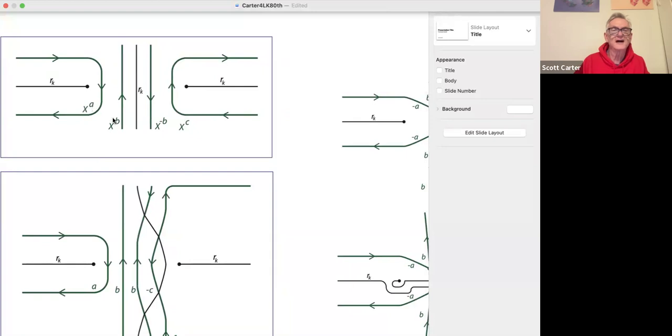And so we get 2b minus a is equal to c. But I can switch the r and the x just by using the invertibility of that relator.